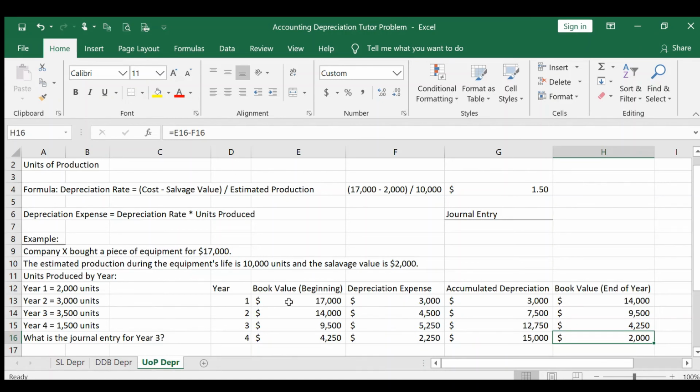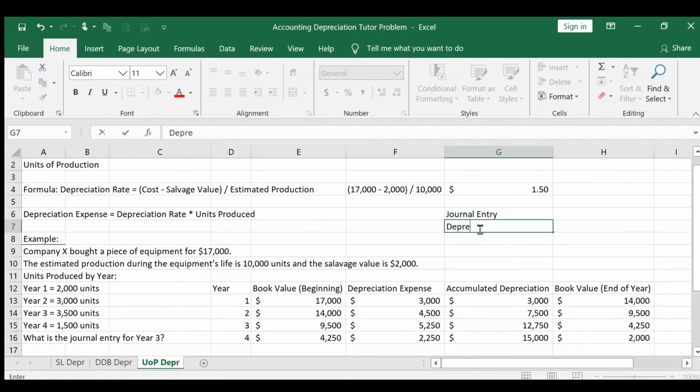So moving on from this chart, we can look at the journal entry for year number 3. As I've mentioned in the other 2 videos, our account titles will always remain the same no matter what depreciation method you're using. We'll have depreciation expense as our debit, and as our credit, we will have accumulated depreciation.